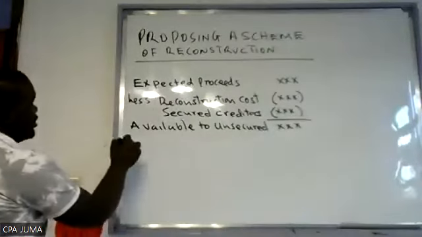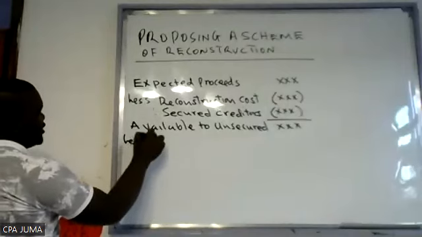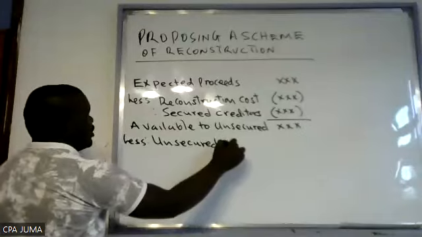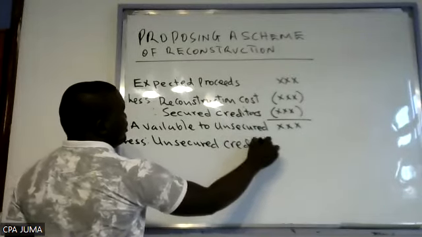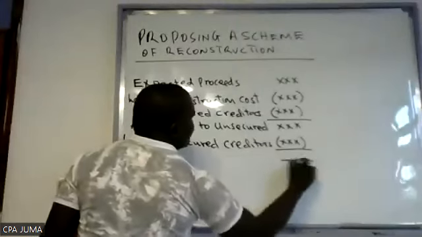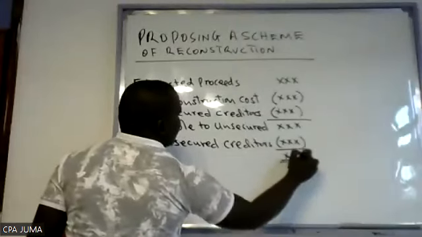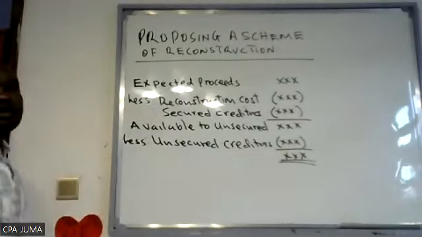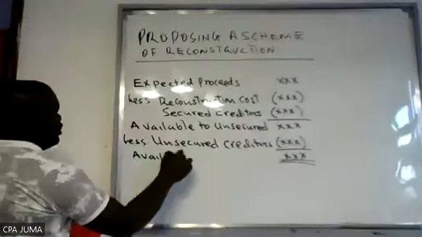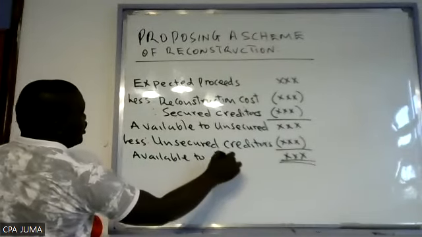Then you less the unsecured creditors. So what remains is available to shareholders.